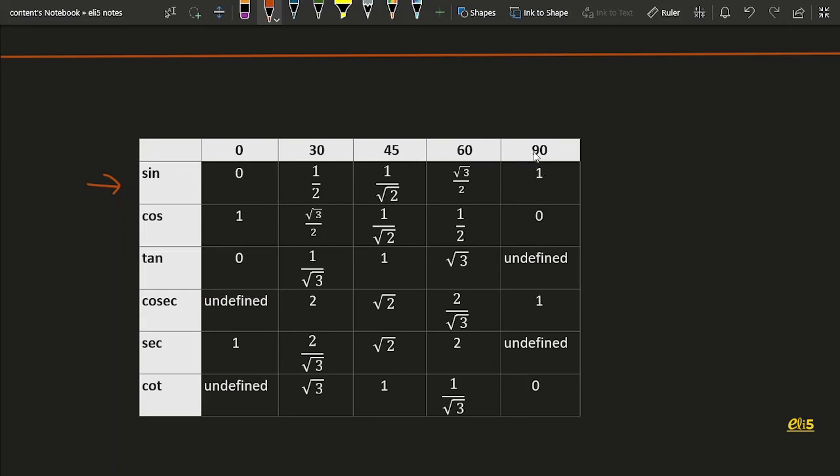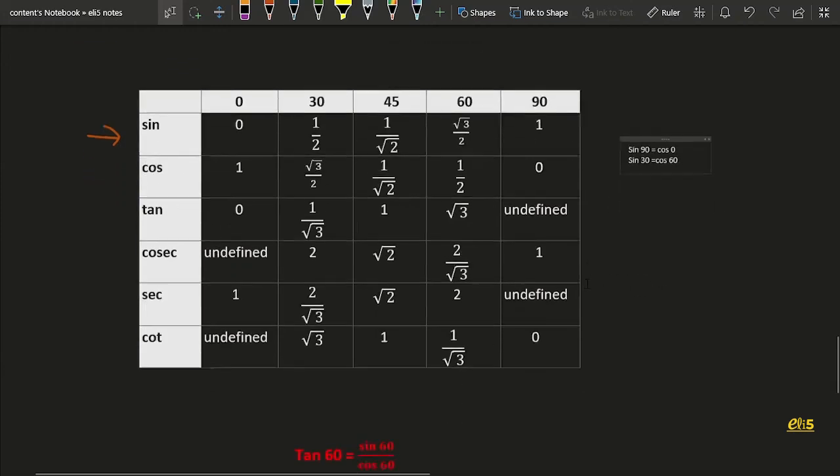Sine 90 equals cos 0. And similarly, sine 30 equals cos 60. So I only remember sine, and we can find cos.